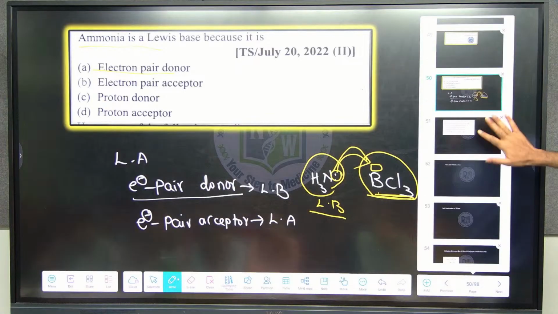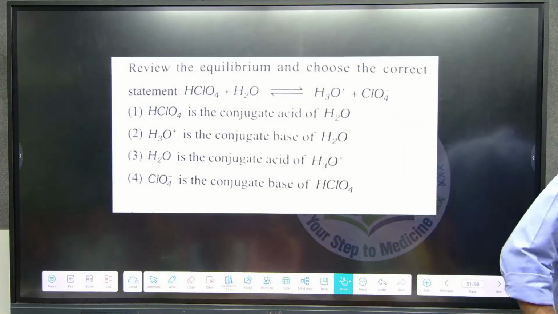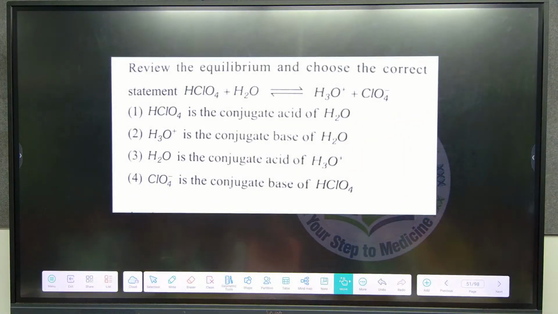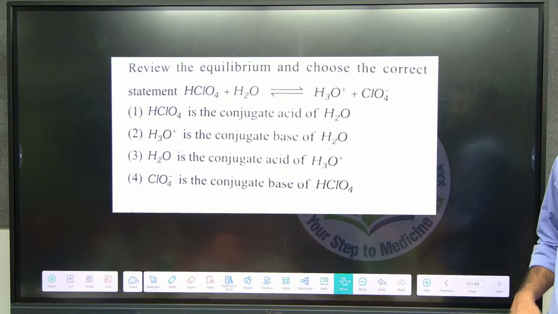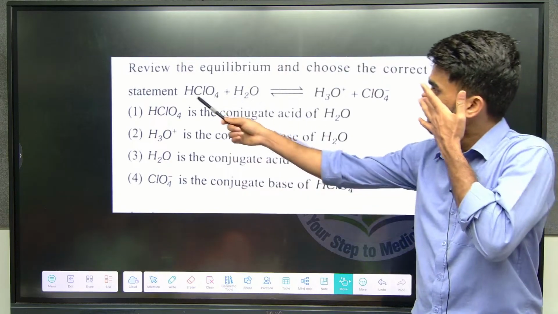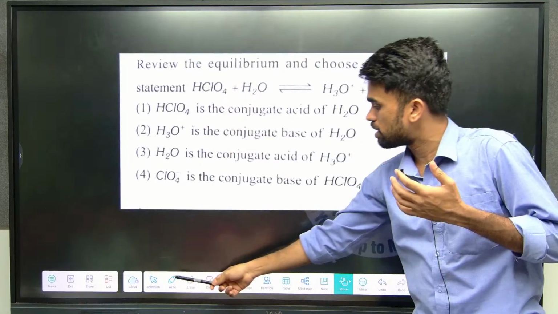Fast, tell me for this one last question. We'll move forward then. HClO4, what is it doing?